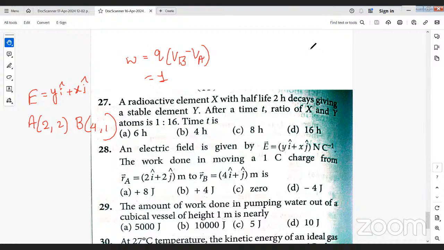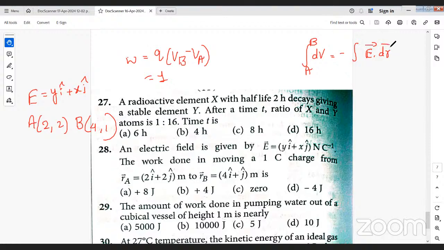So therefore here the integration of dV between A to B is equal to minus integral of E dot dr, potential and electric field relation.